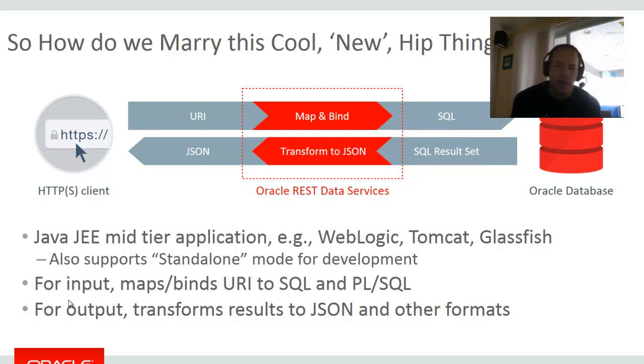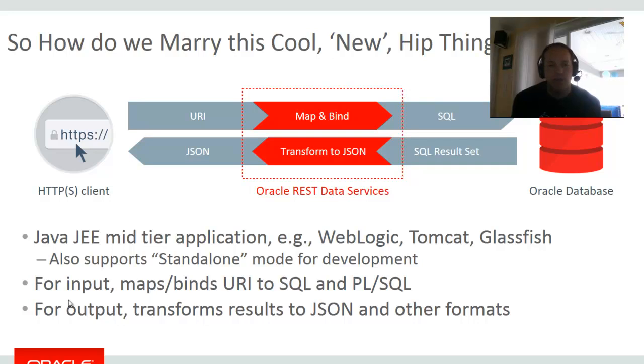We also support Glassfish. So those are just kind of Java application servers that generally will sit behind something like Apache, or they'll have their own web server in front of that. But you can also run Oracle REST Data Services as a standalone application, and it's got its own built-in web server. It uses something called Jetty, which is an open source web server that's pretty popular out there.